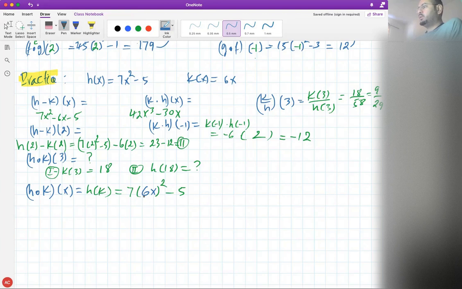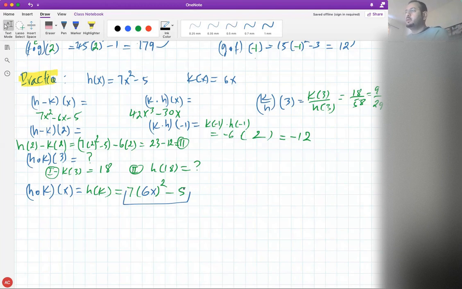You do that in one step. Again, the next step is simplifying, but it's not a big deal. You can multiply by 7 first, but this is the important part. This is what we're interested in today, the composition. That's how simple it is. This is all you need to know about the composition.